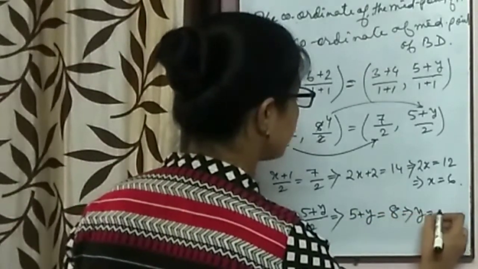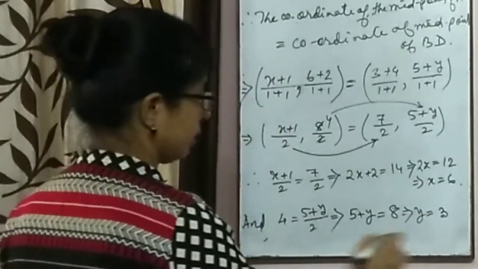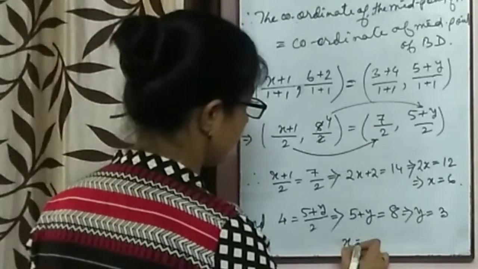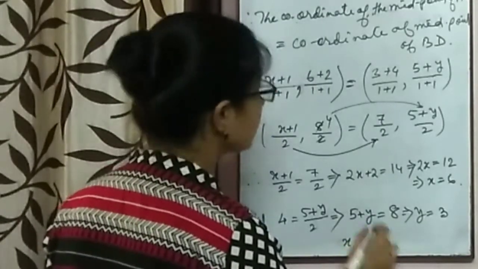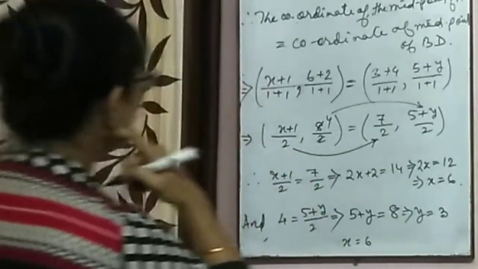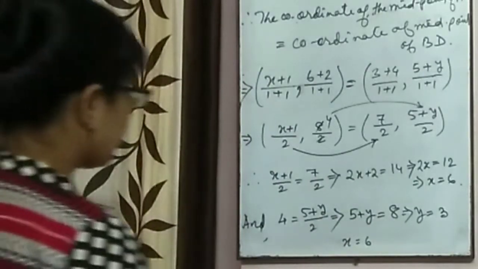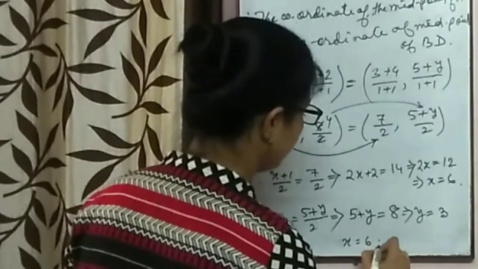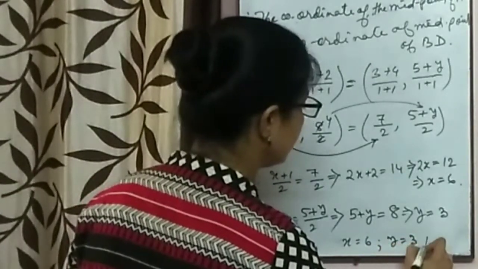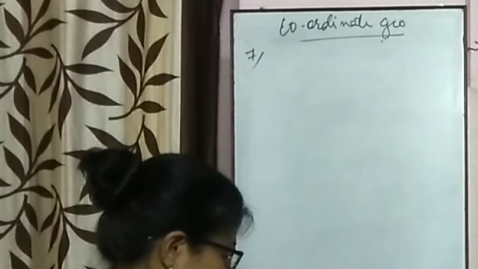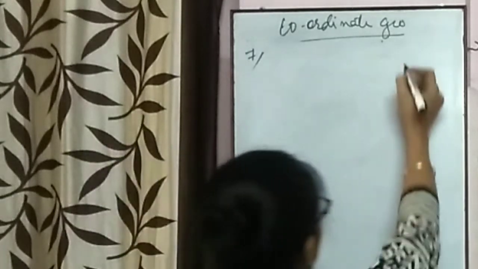Therefore, y is equal to 3. So x is equal to 6. You need to find the x and y value. So this way only you write y is equal to 3. Question number 7. Find the coordinates of a point A where AB is the diameter of the circle.